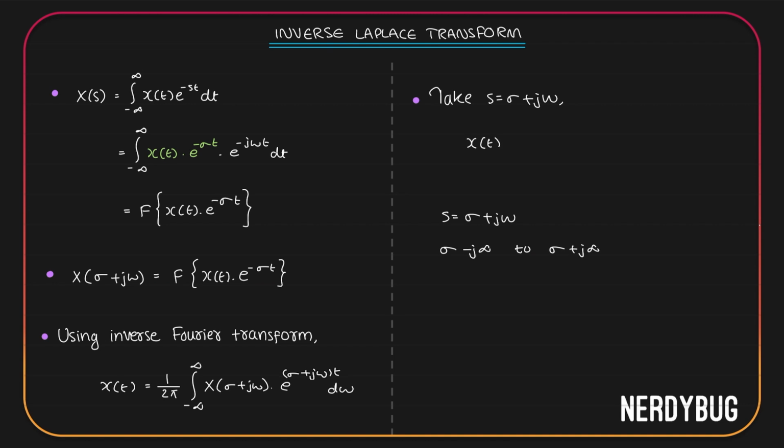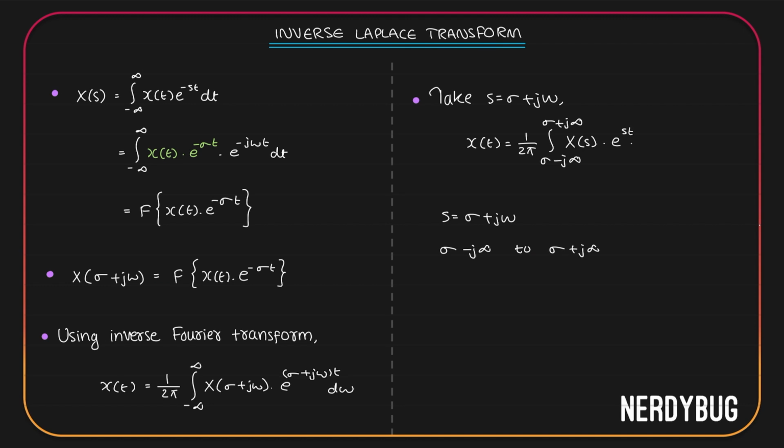Using that, we can write x(t) = 1/(2 pi) times the integral with lower limit, when omega tends to -infinity, s tends to sigma - j infinity, and upper limit, when omega tends to infinity, s tends to sigma + j infinity. X(sigma + j omega) is X(s), and e^((sigma + j omega)t) is e^(st).